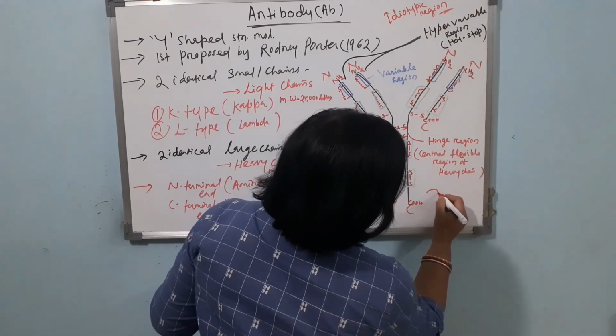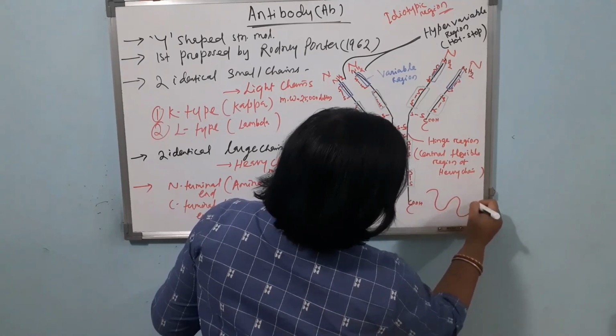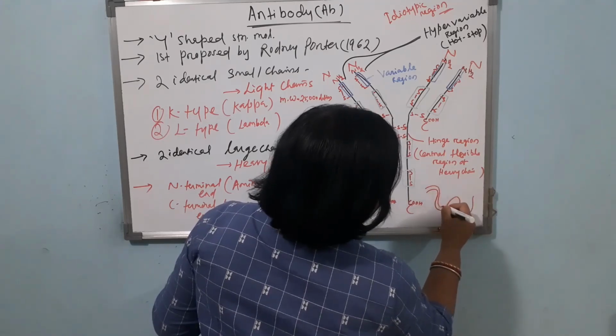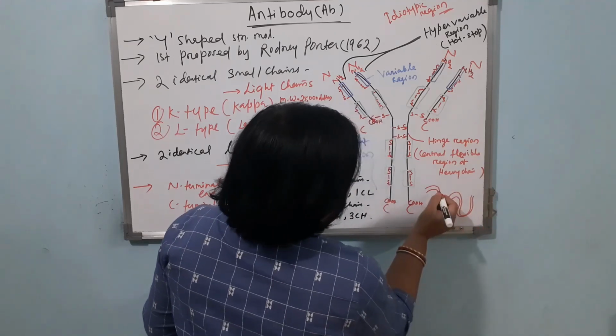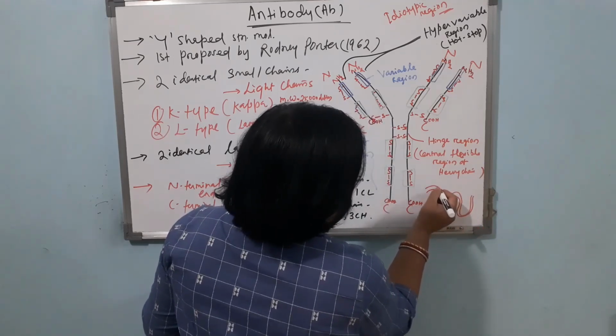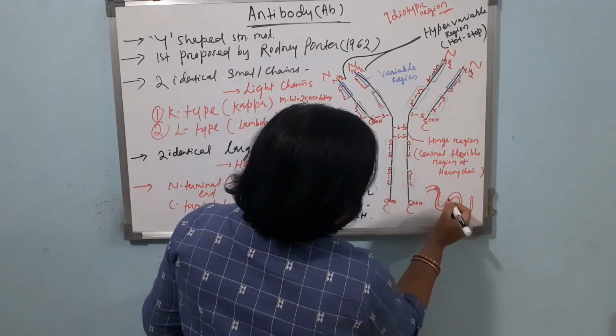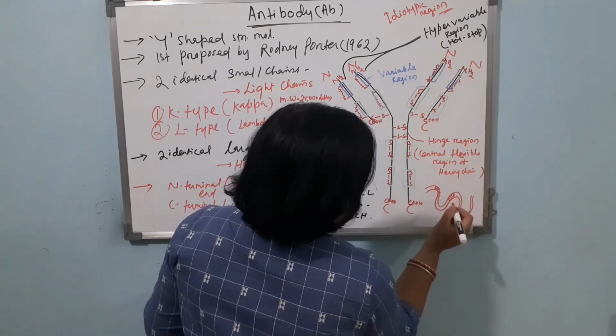Suppose this is the variable region. Suppose at this point the sequence is highly inconsistent.